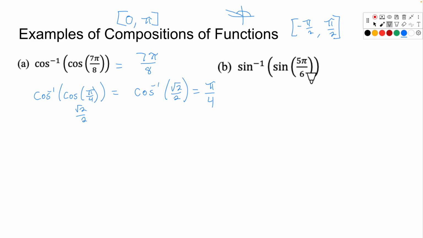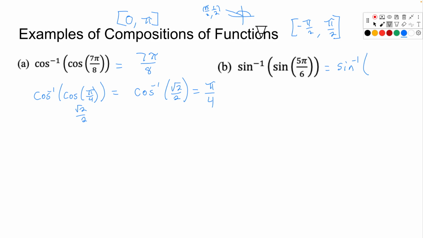So what is the sine of 5 pi over 6? Well, what's the y-coordinate on the unit circle over here? I believe that is going to be 1/2. Right. The coordinates are square root of 3 over 2, 1/2. So this is inverse sine.